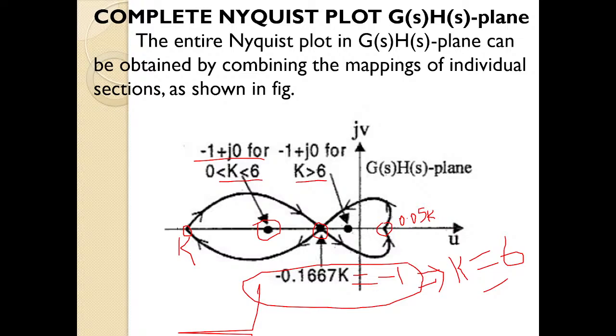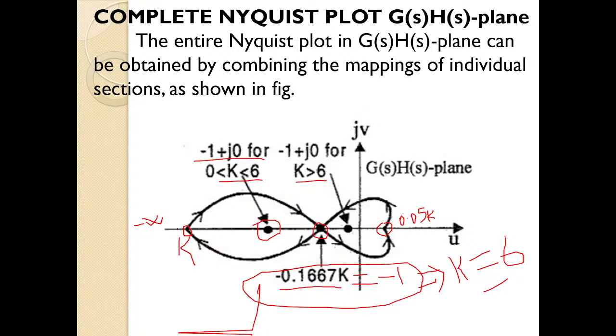When k is less than 6, the intersection point, which is -0.1667 k, will lie between -1 plus j0 and the origin. If k is greater than 6, this intersection point will lie between -1 plus j0 and minus infinity.